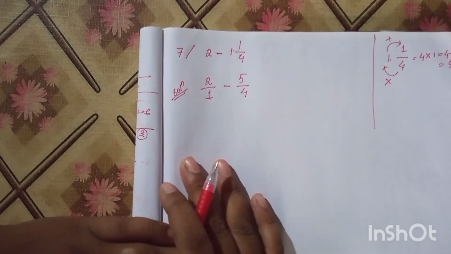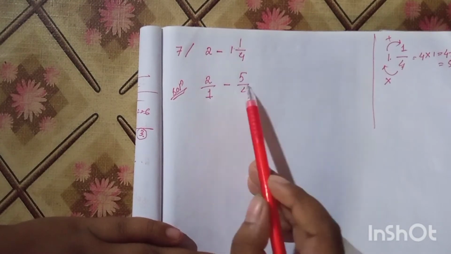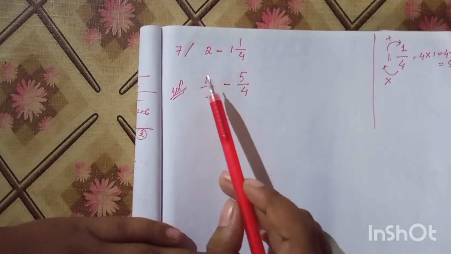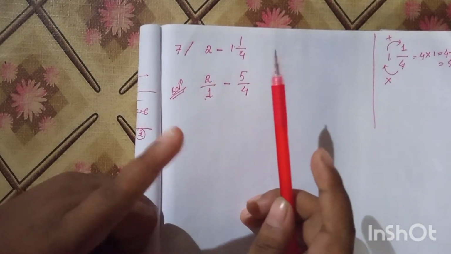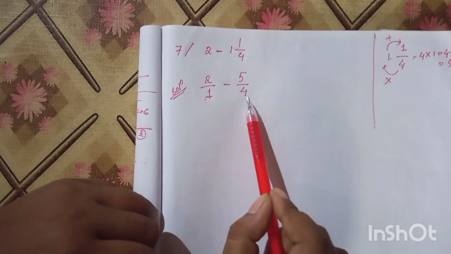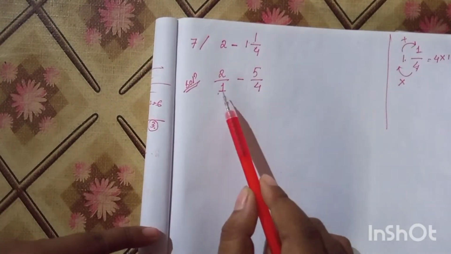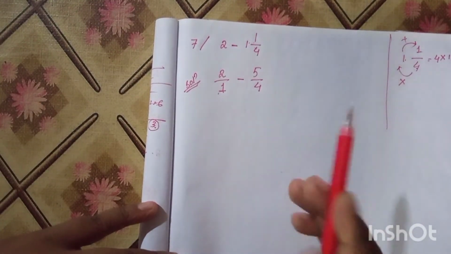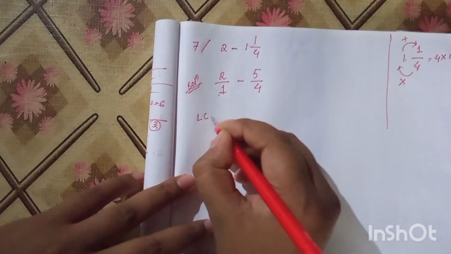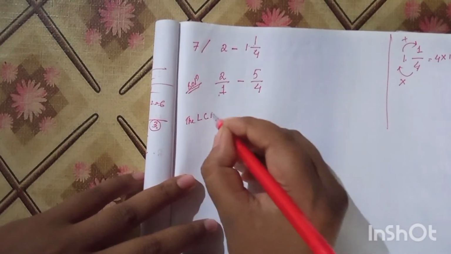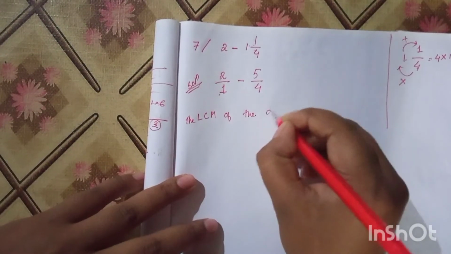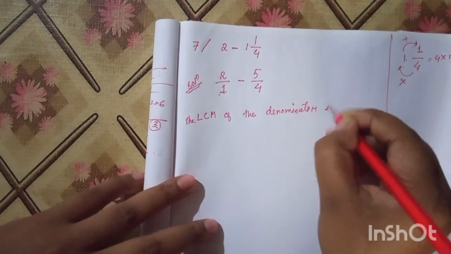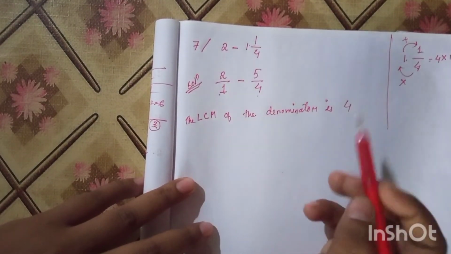So as I told you, if you have two fractions where one of the fractions has 1 as denominator and the other has a number bigger than 1, then that number will be the LCM of the denominators. So here we came to know that the LCM of the denominators is 4.